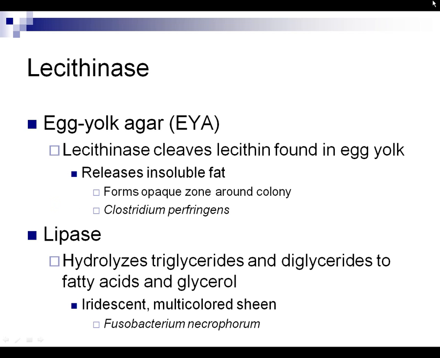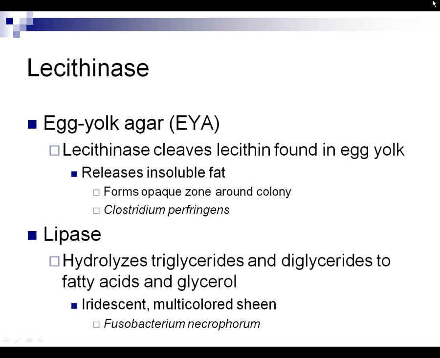Lecithinase is helpful. We can use egg yolk agar to determine if an organism produces lecithinase. If it does, it will cleave or cut the lecithin found in the egg yolk agar, and this results in this fat that's produced, like an opaque zone that forms around the colony.